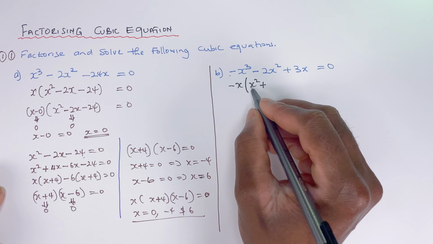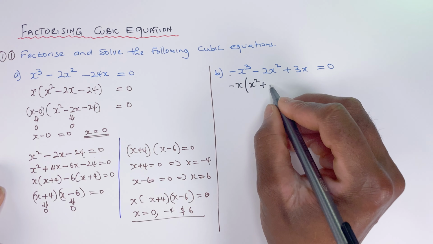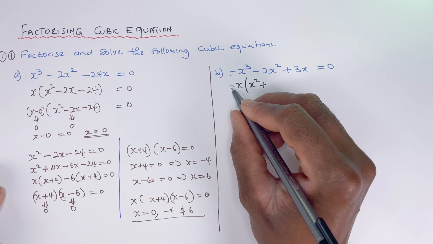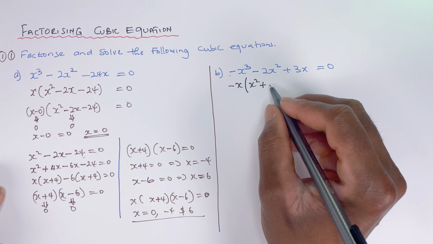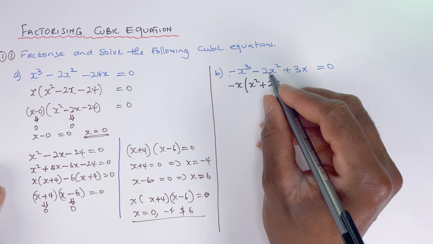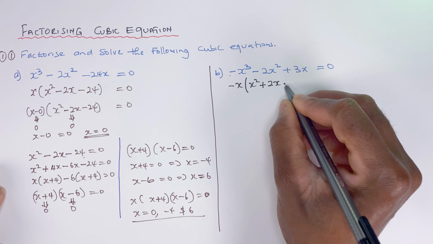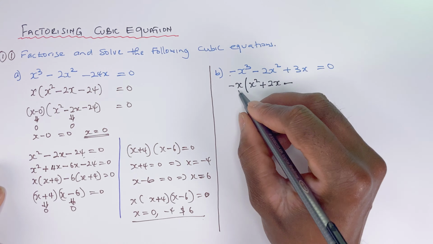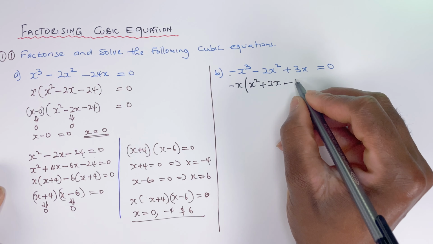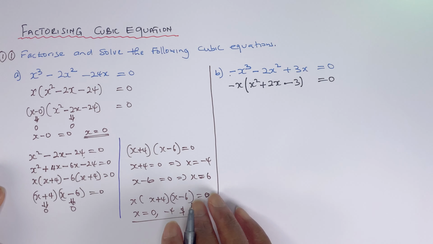Minus x times x squared is minus x cubed, minus x times 2x is minus 2x squared, and minus x times minus 3 makes plus 3x when I open the bracket.